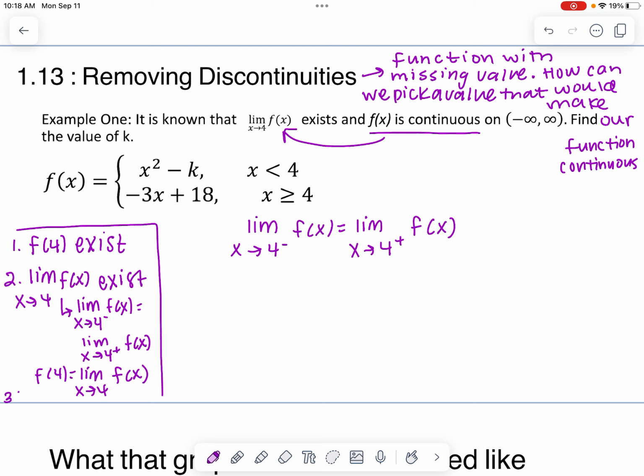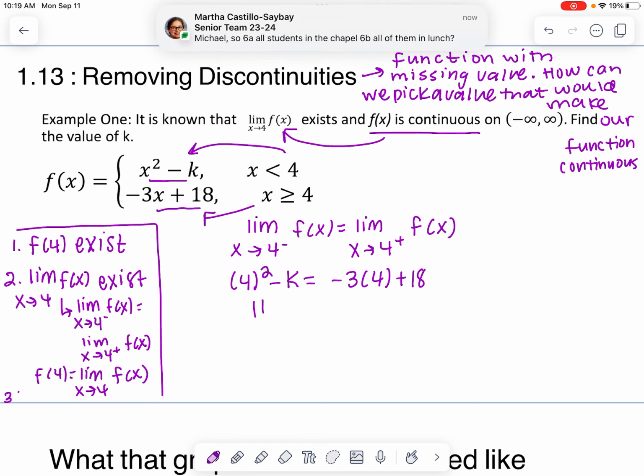And so if that were to be true, that means when we plug in 4 into the function, this is the function that defines f of x from the left of 4. This is the function that defines it from the right. So that means if we were to plug in 4 there, those 2 things would have to be the same. So if I plug in 4 here, even though I don't know k, I would do 4 squared minus k. And then for this one, I plug in 4, and I would get negative 3 times 4 plus 18.